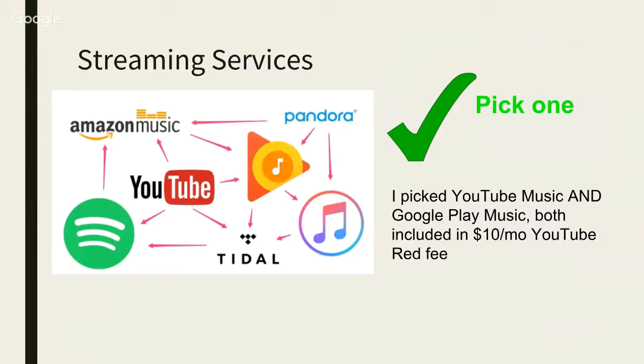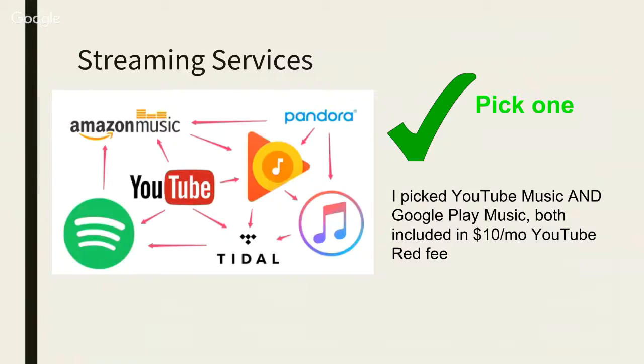Okay, so of those, pick one. You don't want, like I have this week, to be using them all and get so totally confused. Just pick one, and they're all good. I picked YouTube Music and Google Play Music because they come as a package with the $10 a month that I pay for YouTube Red.